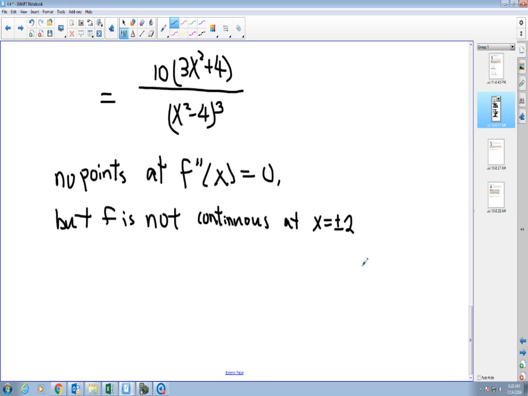So where do I get this notion that f is not continuous at x equal to 2 and x equal to negative 2?